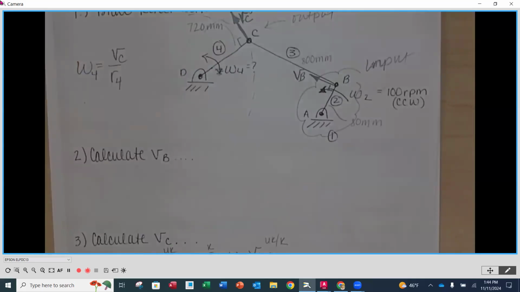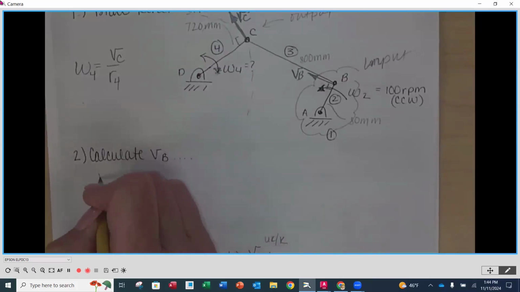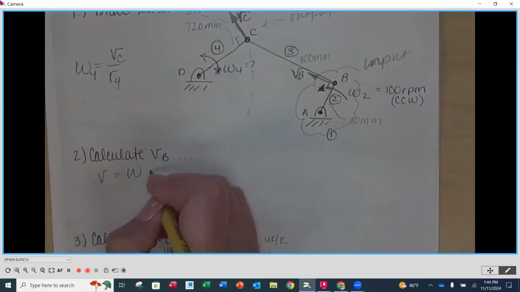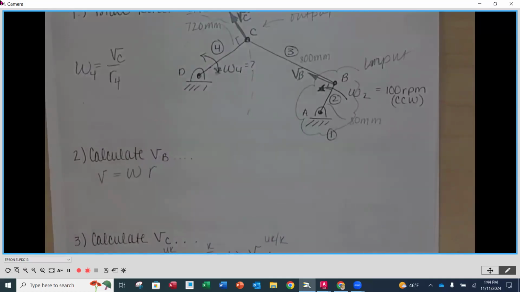Now, magnitude-wise, we should be able to figure this out because we know that the velocity is equal to angular velocity times its radius to its center of rotation.